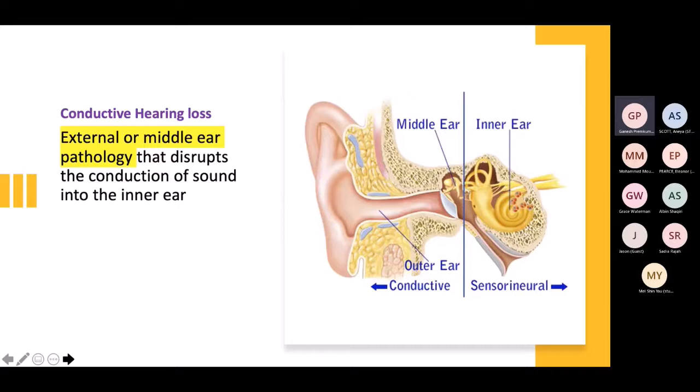The inner ear, being the cochlea and anything above that, they're not conducting sound anymore. They're actually interpreting the vibration of sound waves into an electric signal. They're not doing anything in conduction, it's interpretation. So that's why conductive hearing loss is external or middle ear pathology.